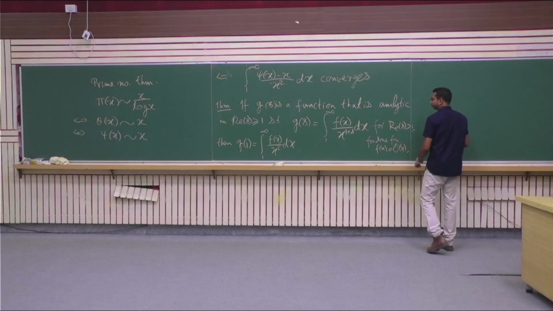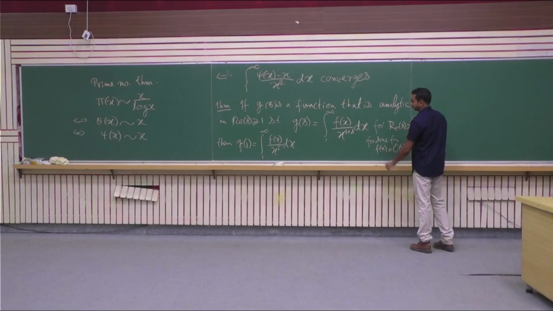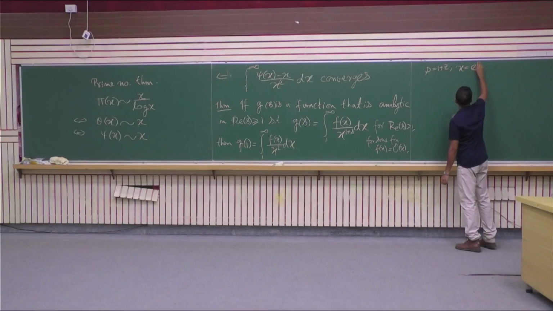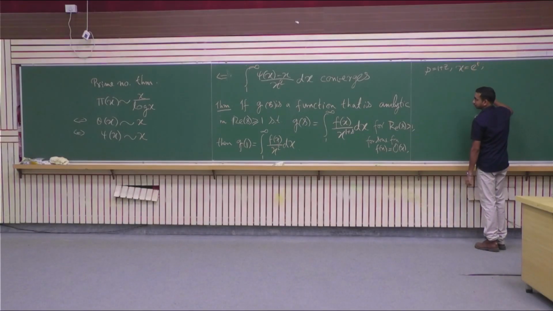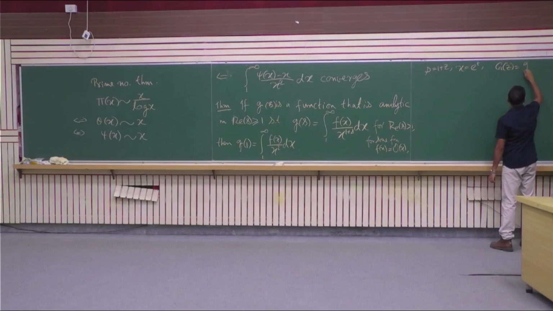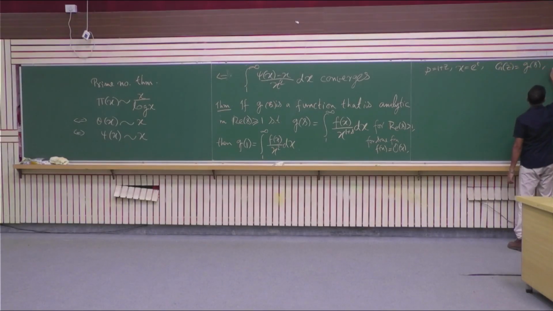So now we reinterpret this. We just made some substitutions: we put s equal to 1 plus z, x equal to e to the power t, and define G of z equal to g of s and capital F of t as f x by x.